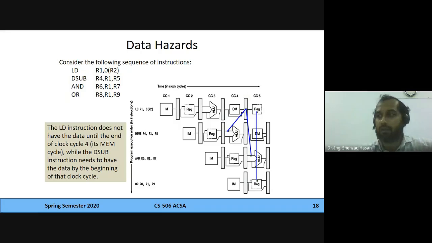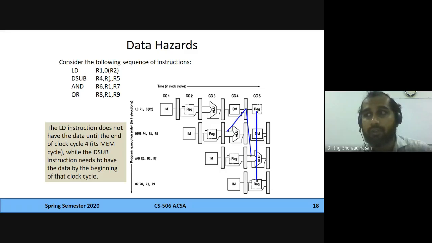Okay, so what to do in this case? We have to insert a stall, and there can be 2 different techniques for that. One technique, as I mentioned earlier, is the easier one, which is the compiler-based technique. The compiler looks at sequences in the code. Once you have written your code, the compiler checks it for a sequence where a load instruction has a destination matching the source registers of the next instruction.